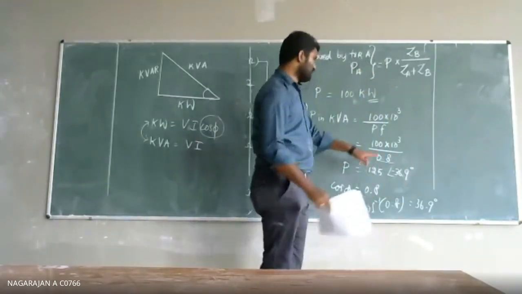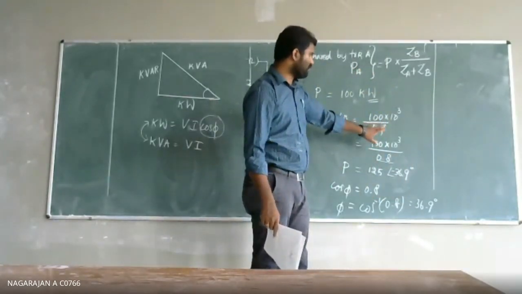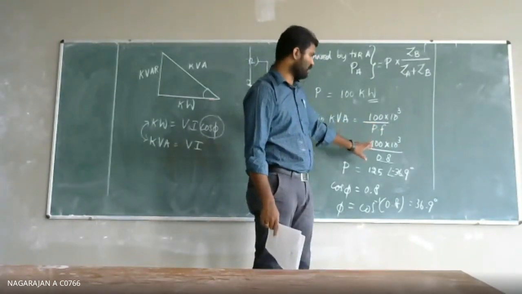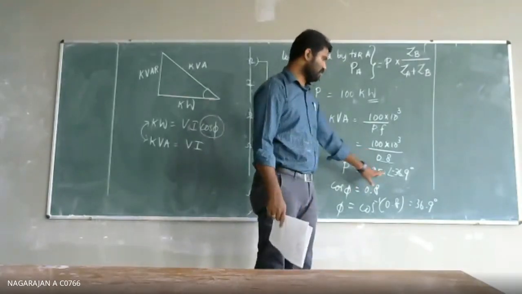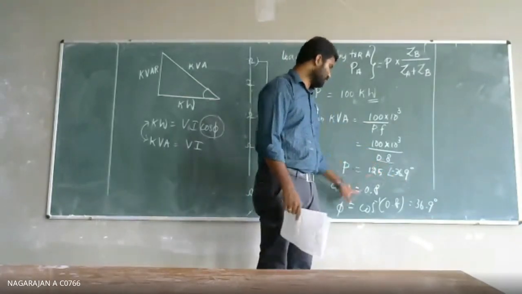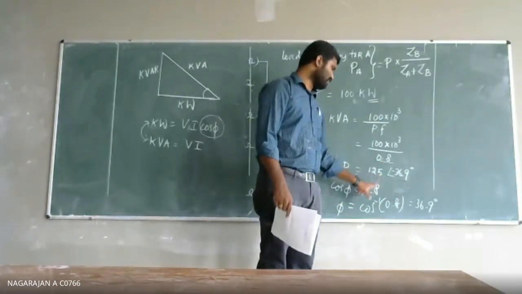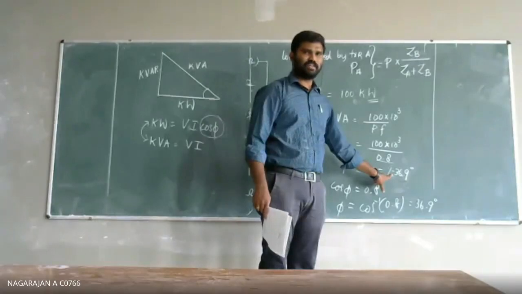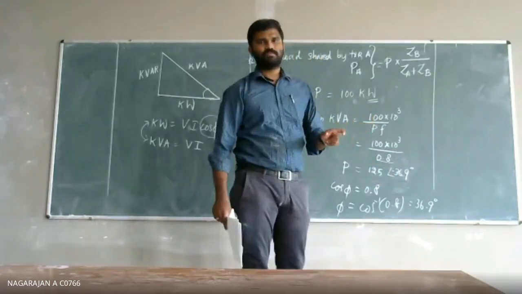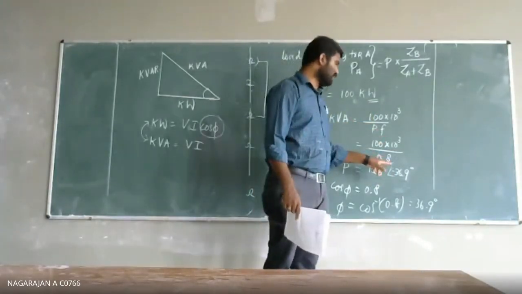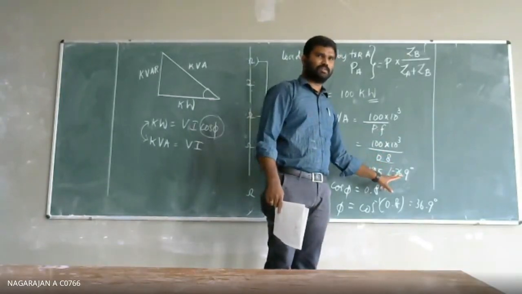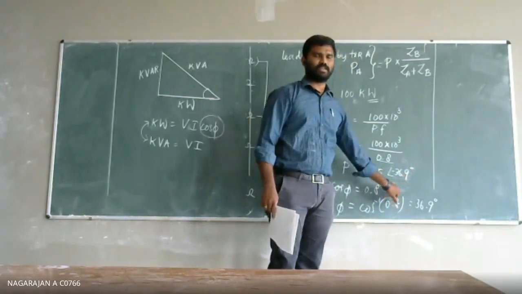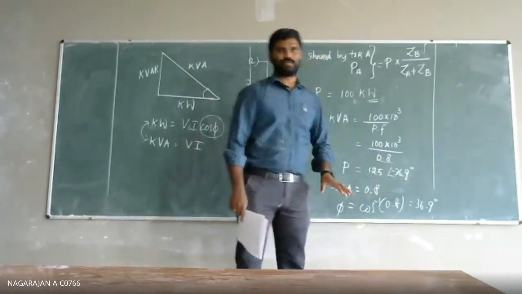The kilowatt value is 100, the power factor is 0.8, and we have found the magnitude. The angle is derived from cos inverse of 0.8, which is 36.9 degrees. The reason for putting the minus sign is that the problem mentions the load is delivered at lagging power factor, so it should be given as minus 36.9 degrees. The minus sign indicates the load is at lagging power factor.